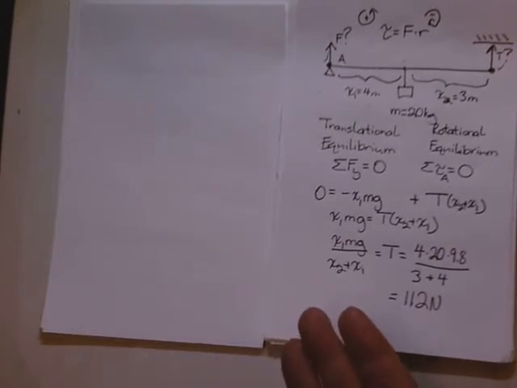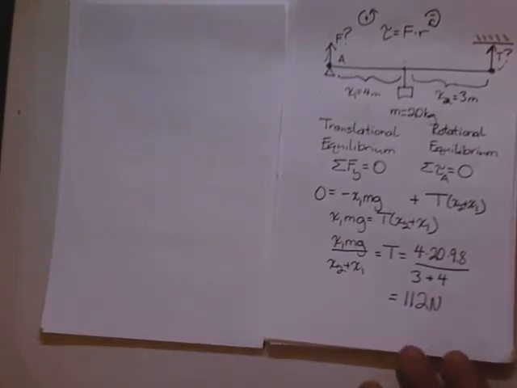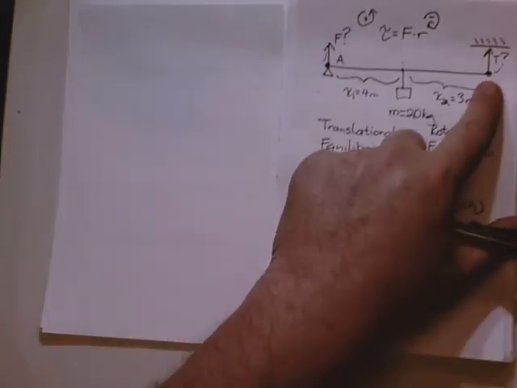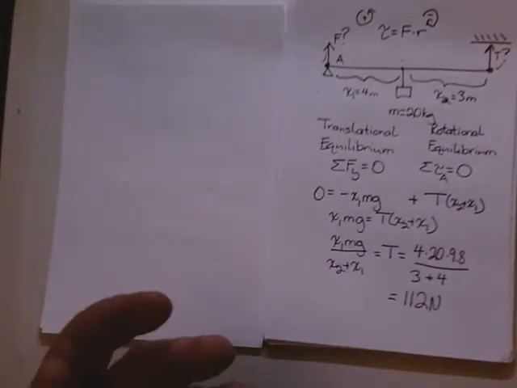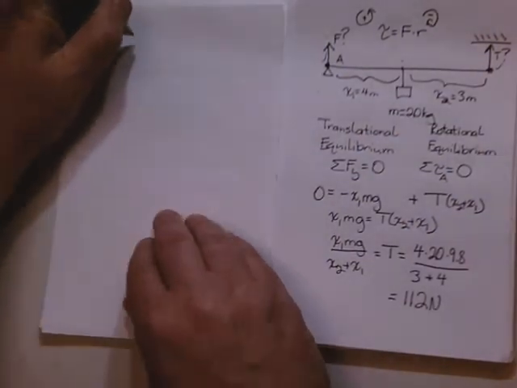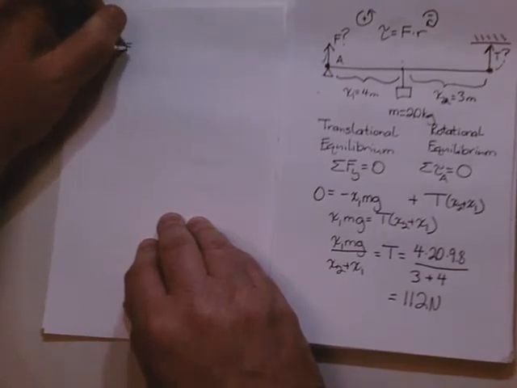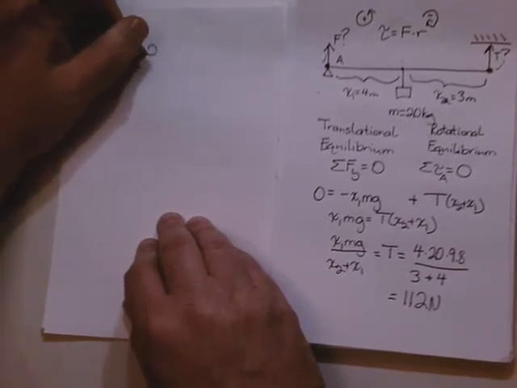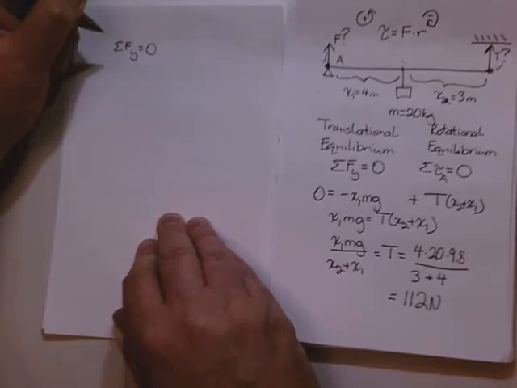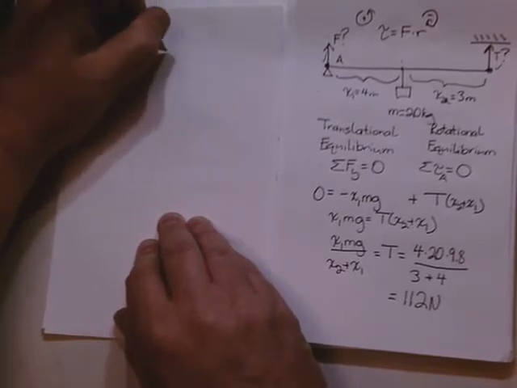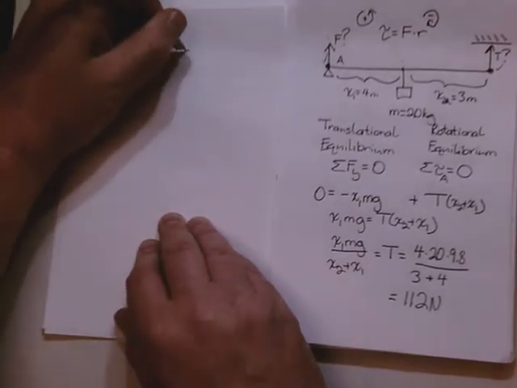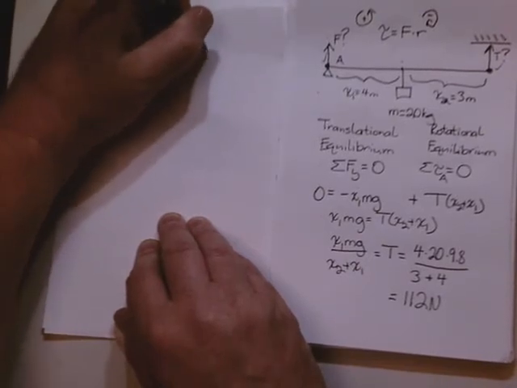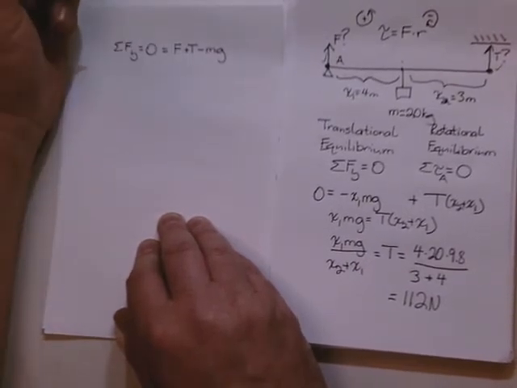Now, to get F, the best way to do this is to use translational equilibrium because it's not moving up or down. We could use rotational equilibrium about that point, or the faster way is to use translational. The sum of the forces vertically is equal to 0. The forces up are F and T. The force down is mg.